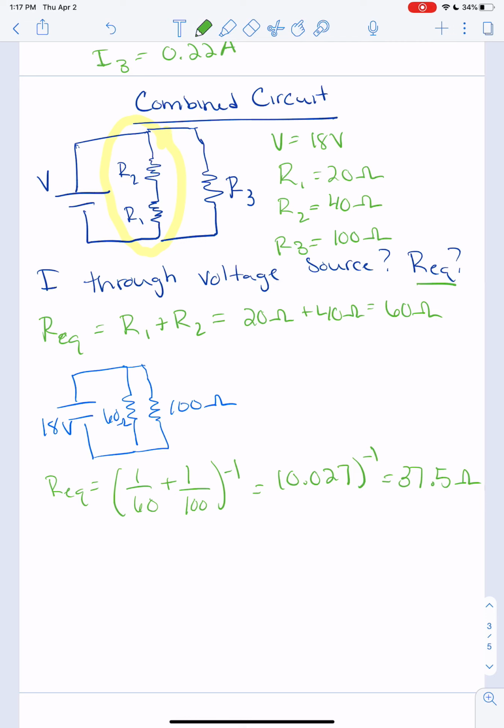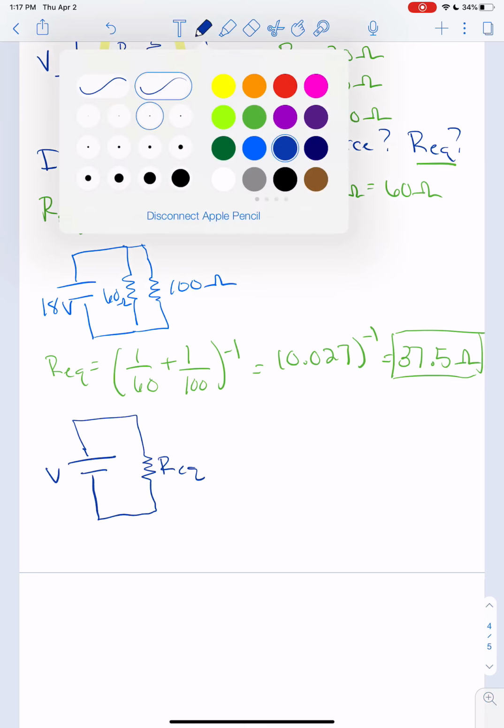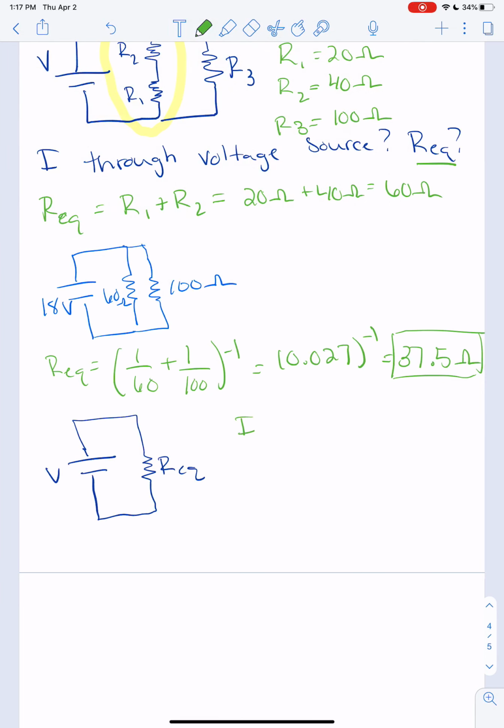And so that is our total equivalent resistance, right? This is our big equivalent resistance. So if we redraw our circuit one more time, because we figured out the total equivalent resistance, it now would look like it only has one resistor. So now if we want to find our current, we just do our voltage over our equivalent resistance.